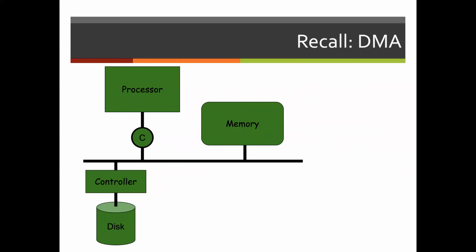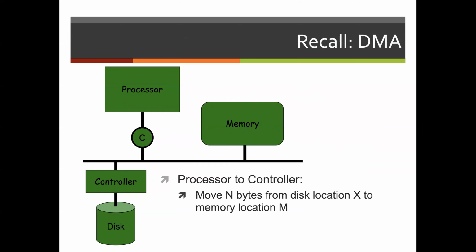And this enables this to occur without any involvement from our processor. And so with the processor to the controller, we can move specific bytes from our disk location X to memory location M.